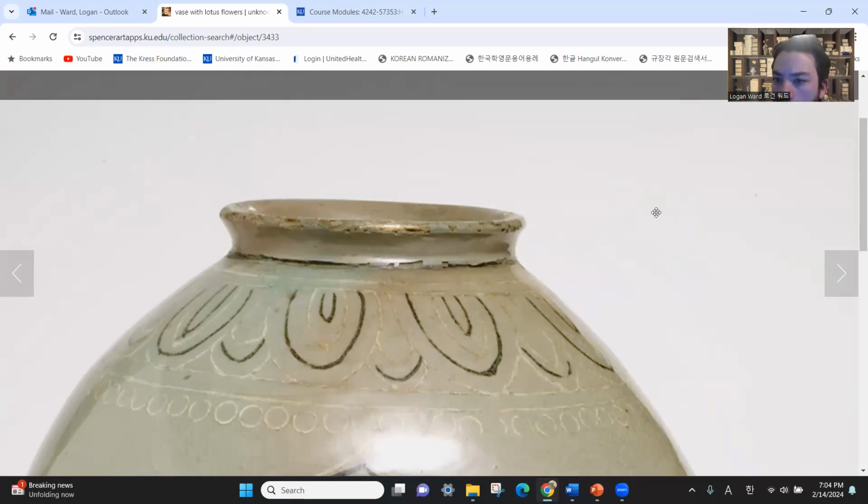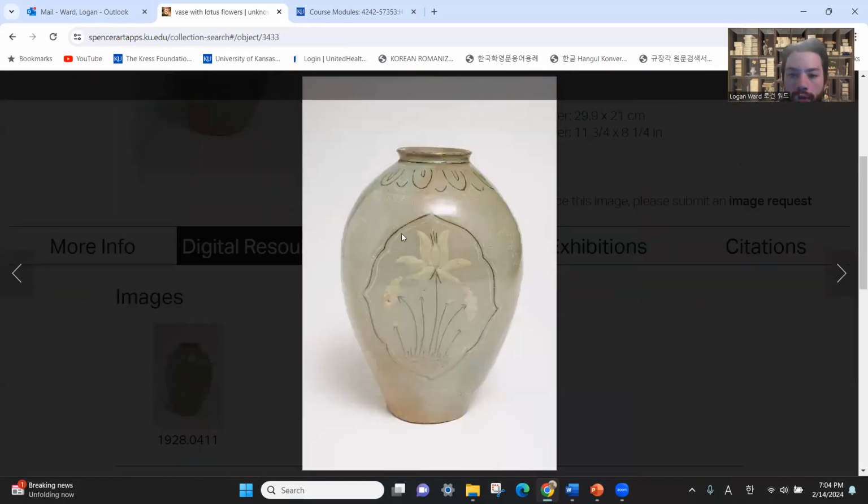Let's see, what else? The top kind of tapers. Yes, so good. So notice that starting from the neck, the shoulder definitely goes out, I would say, to a pretty extensive degree. And then it definitely starts tapering back in.